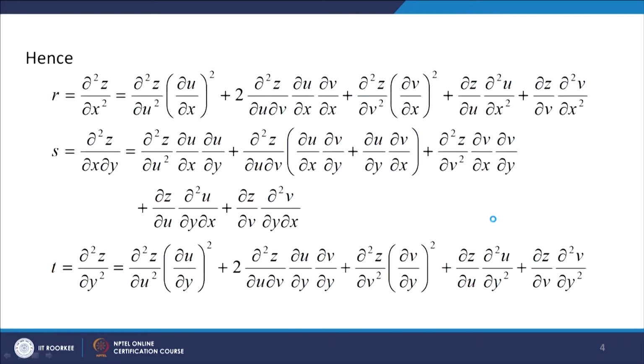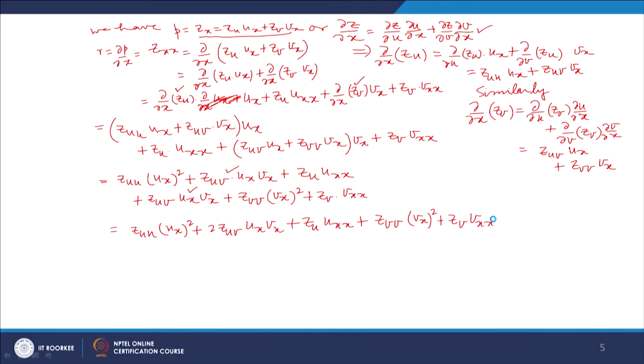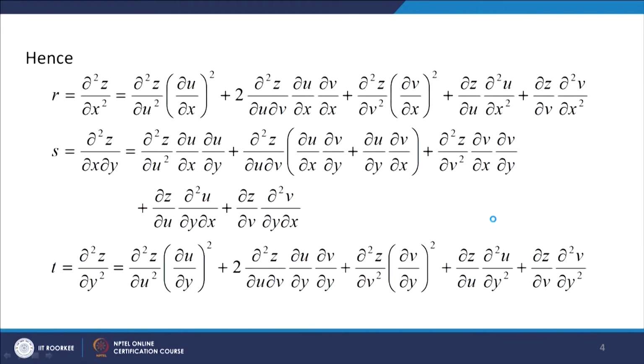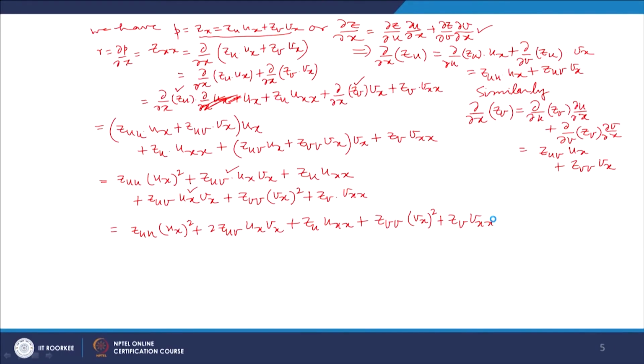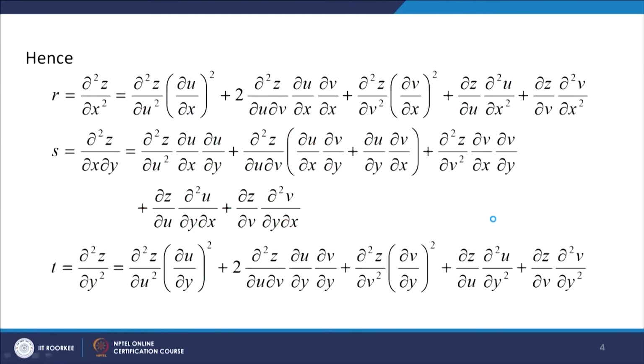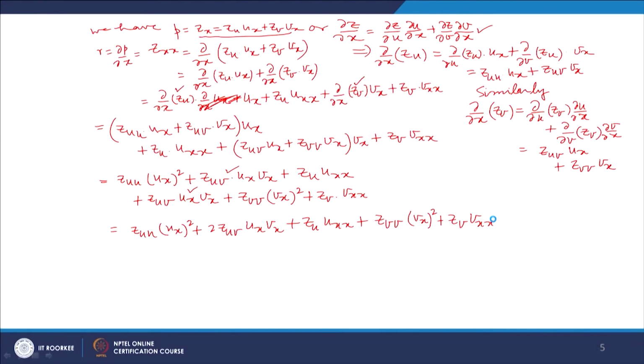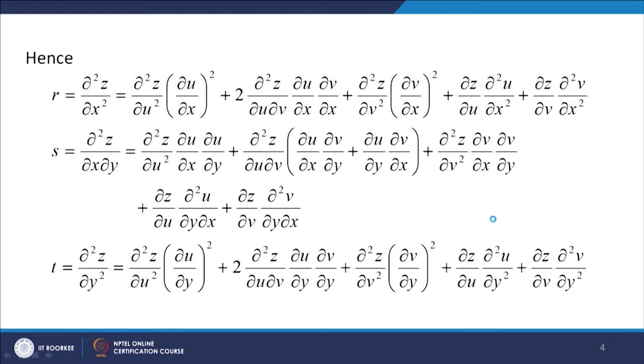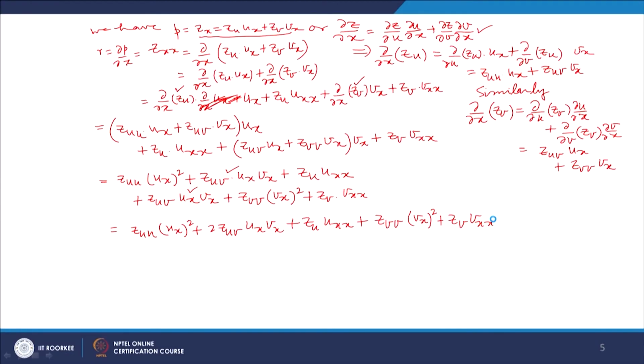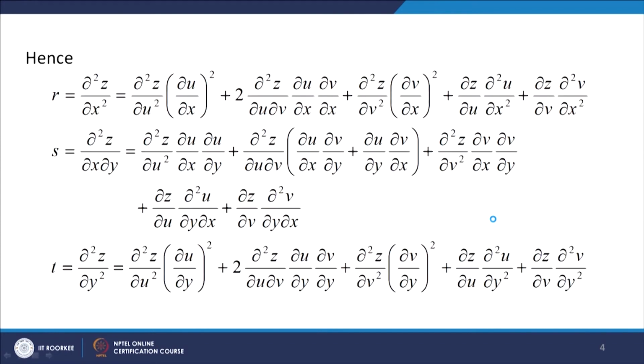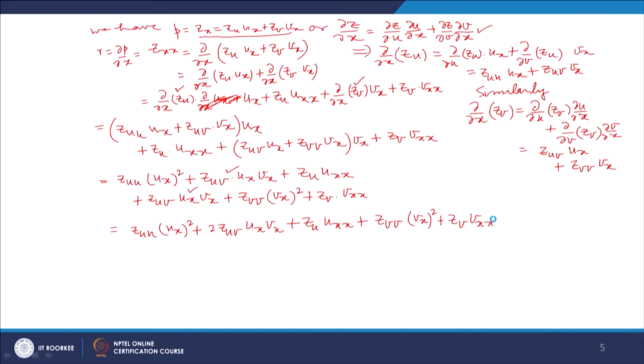So, r is z_uu into u_x whole square, then we have 2 z_uv u_x v_x which we have here, and then we have z_vv into v_x whole square, and then we have z_u into u_xx, and then we have z_v into v_xx. So, this is how we get r.